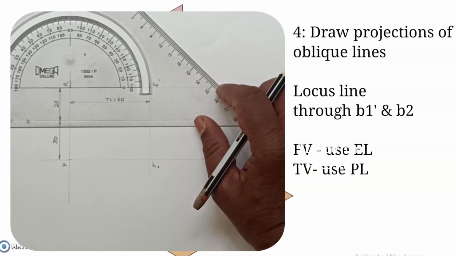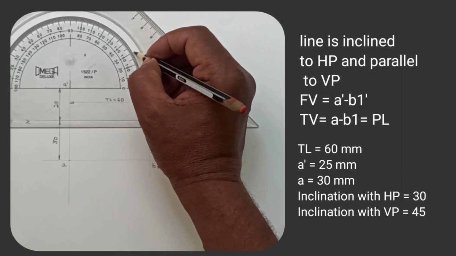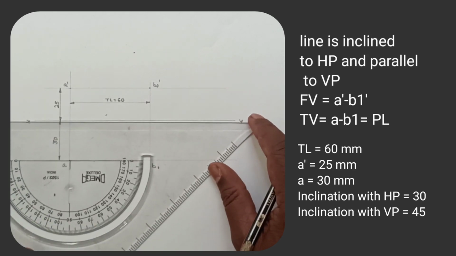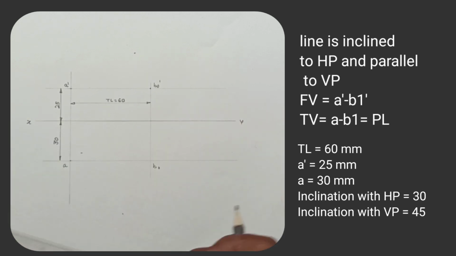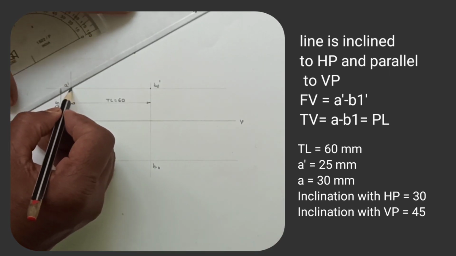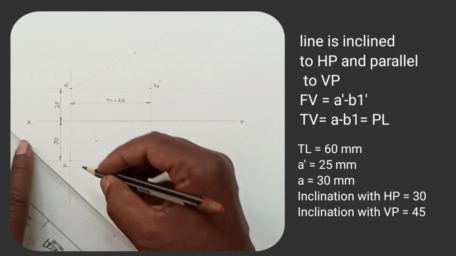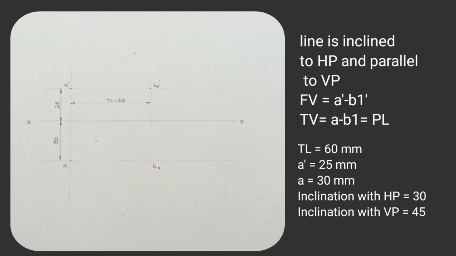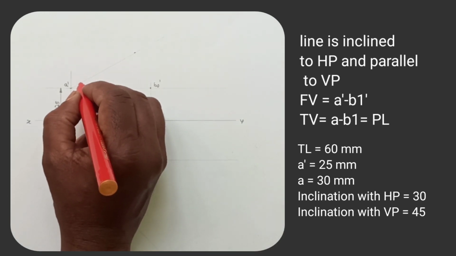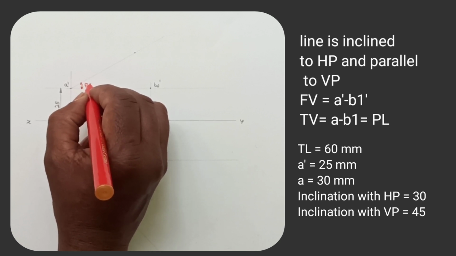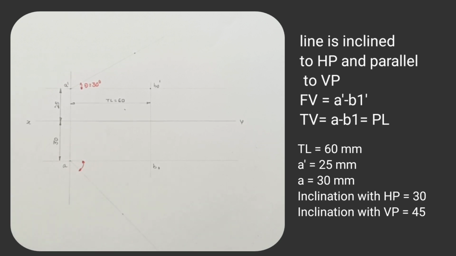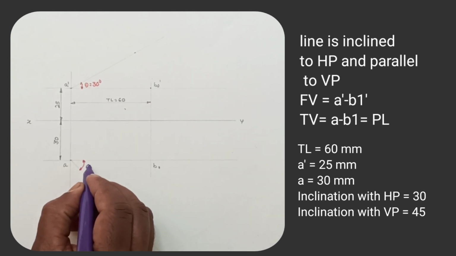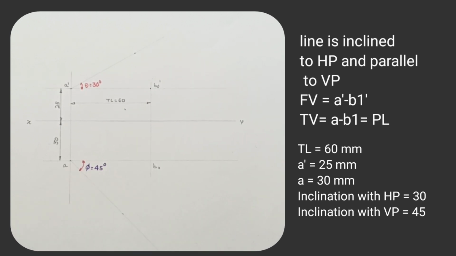Now consider the second case, that is, assume that the line is inclined to HP and parallel to VP. So from the given data, draw this line which is inclined to HP at 30 degrees and inclined to VP at 45 degrees. Inclination with HP is indicated by theta of 30 degrees and inclination with VP is indicated by phi of 45 degrees.